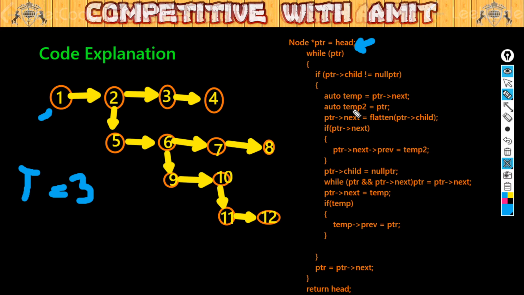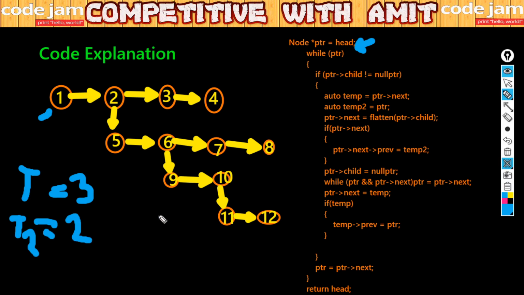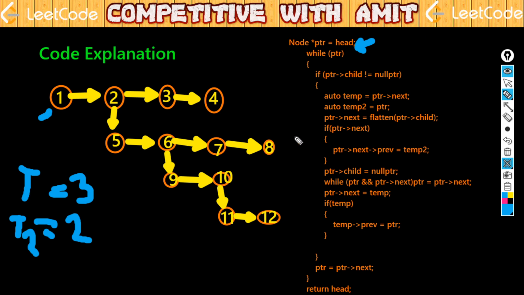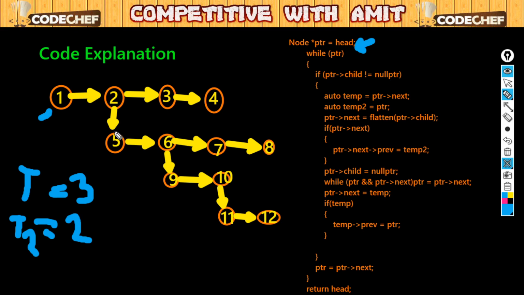Now after that one more pointer will be initialized. In this, the node's address will be there. So in temp 2 the address of 2 will be there. Now after this, the next, we are just trying to find the value of this, meaning we are just trying to connect it.